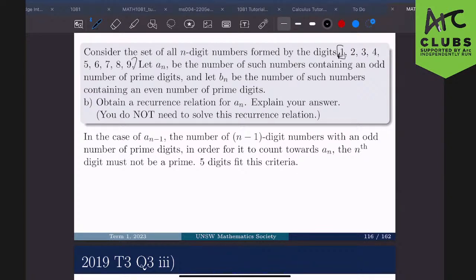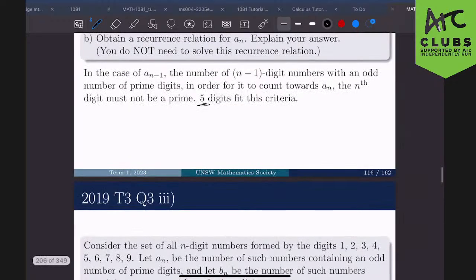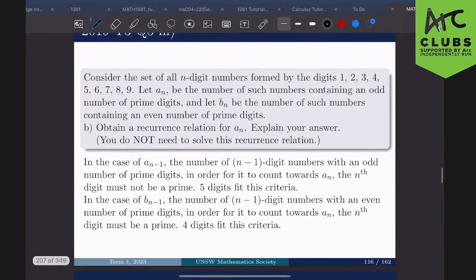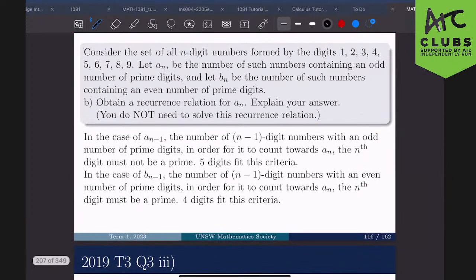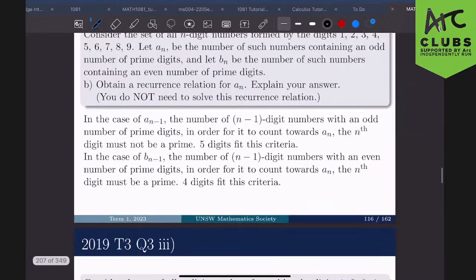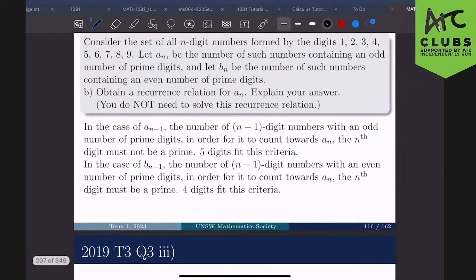So not prime digits: 1, 4, 6, 8, 9. That's how we get our 5 digits. And then the next requirement is that in the case of b_{n-1}, in order to count towards a_n, the nth digit must be prime.